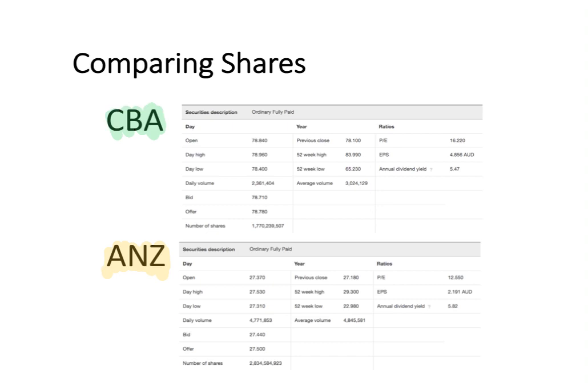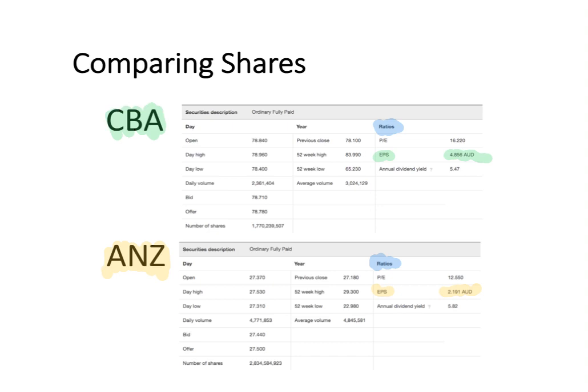So when you compare, you want to look at your ratios. So the first ratio we're going to have a look at is earnings per share. Now, Commonwealth Bank has an earnings per share of $4.85 compared to ANZ that has an earnings per share of $2.19. So the Commonwealth Bank has a much higher earnings per share. So your earning potential is a lot higher in the Commonwealth Bank compared to the ANZ.